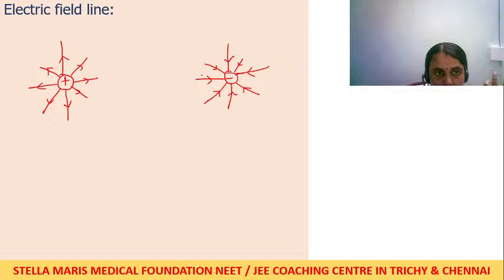At the same time, the electric field lines of the negative charge are radially inward. So this is the first point: this is outward and this is inward.